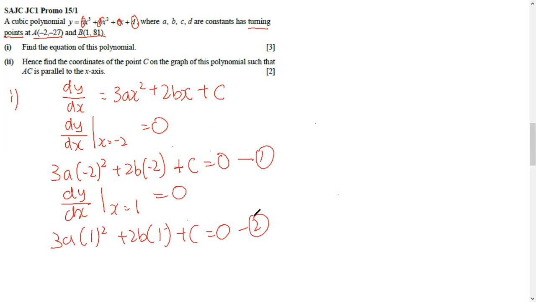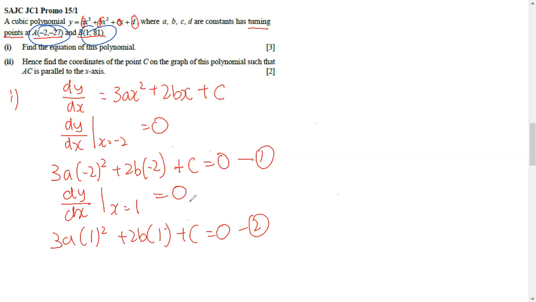As I mentioned just now, we need 4 equations. So how are we going to form the other 2 equations? A lot of students will miss out on this, but the simple fact is we can use the coordinates themselves to form the equations. When x is equal to minus 2, y will be minus 27.